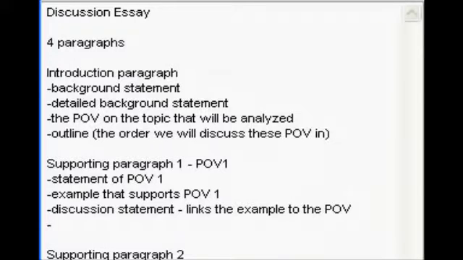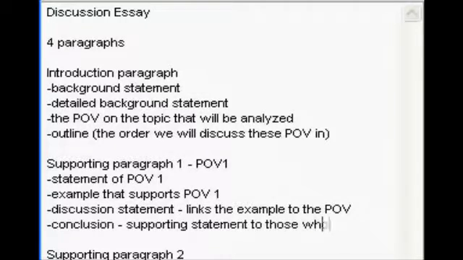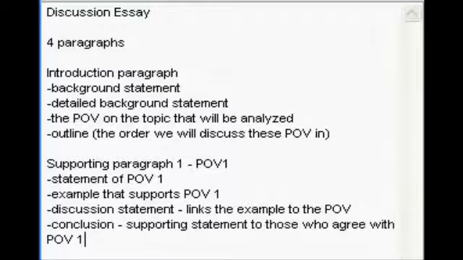Okay. Now the last sentence is our conclusion sentence. And this conclusion sentence just gives us a supportive statement to those that would agree with point of view number 1.